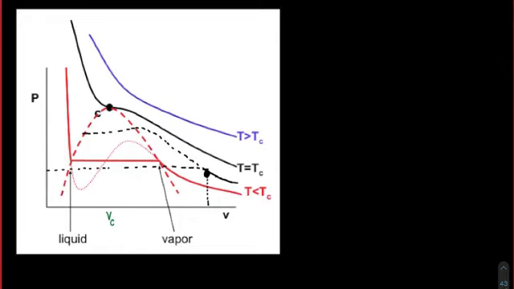Right. So if this is the case, from this point, imagine if I have to do liquefaction, what is the best way I can do it? For liquefaction, from this point onwards, I can just increase the temperature. Do I have to change the temperature? Not needed at all.